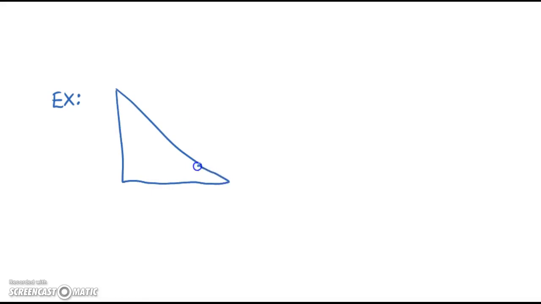So let's take our 30, 60, 90. And this time across from the 60, let's suppose that is a 9. And again, I don't want you to get thrown off by the fact that there's no root 3 attached to it, even though it's across the 60-degree side. That is perfectly fine. So 9 is the x root 3 side because it is across from the 60.